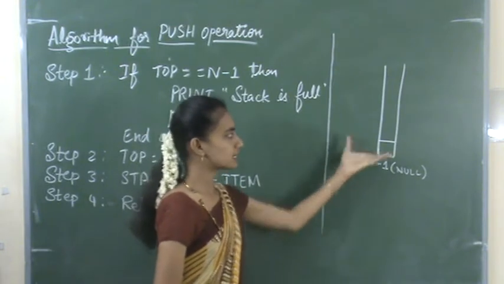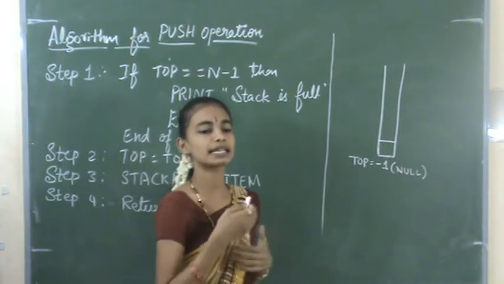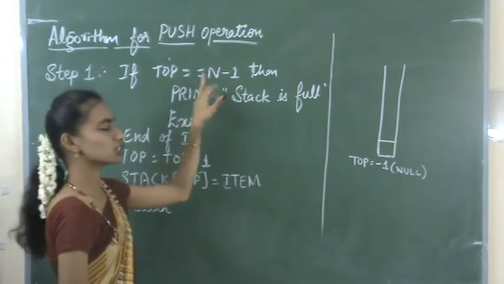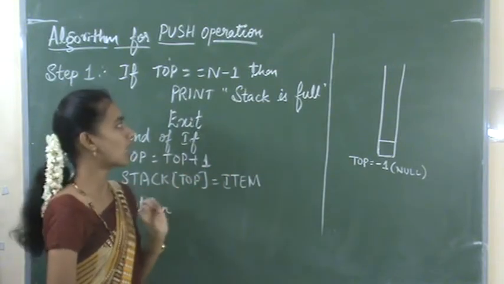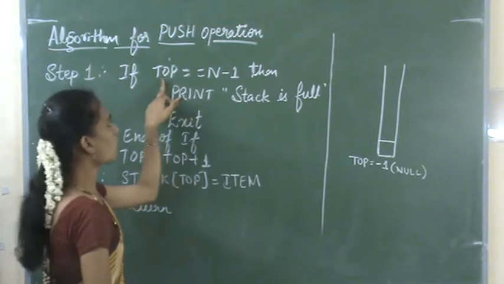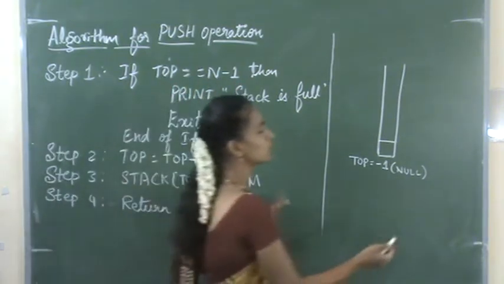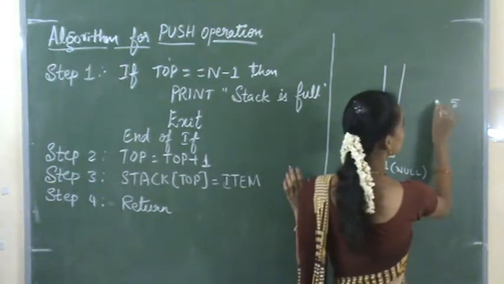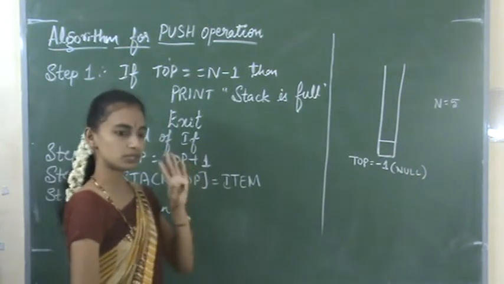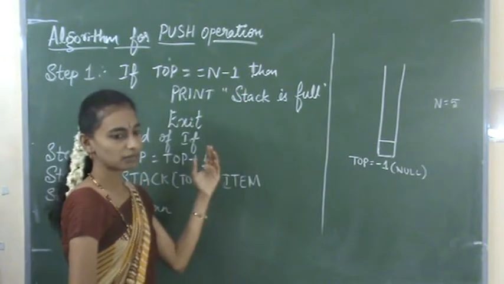If the stack is full, we cannot insert an extra element. So we check whether the stack is full or not, using the condition top equals n minus 1. Suppose I need to insert 5 elements, so n becomes 5. What is n minus 1? That is 4.